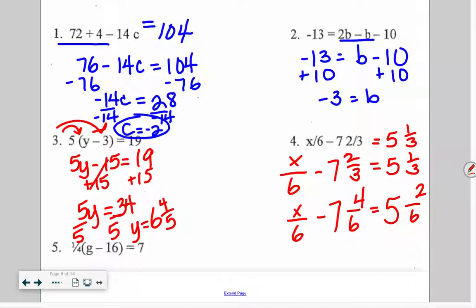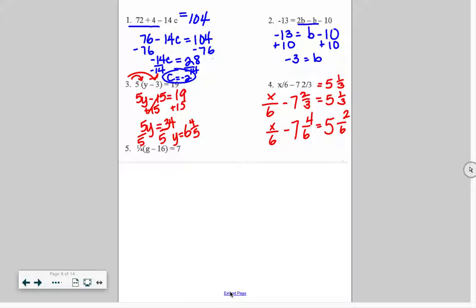Now, in a question like this, couldn't you just proceed and subtract 7 and 4/6 off of each side? Oops, that's not what I want to do. Sorry, I want to extend this page. Can you see that a little bit better? Really, I could just say minus 7 and 4/6 minus 7 and 4/6, correct?